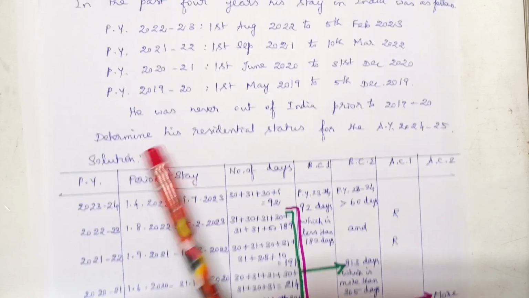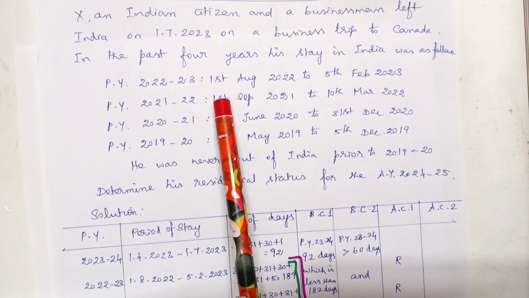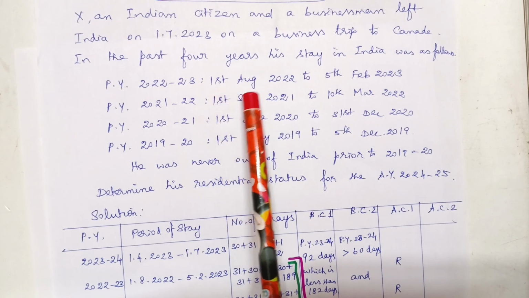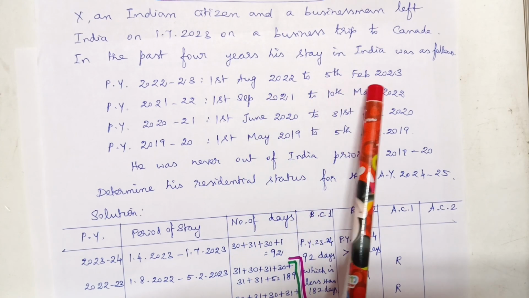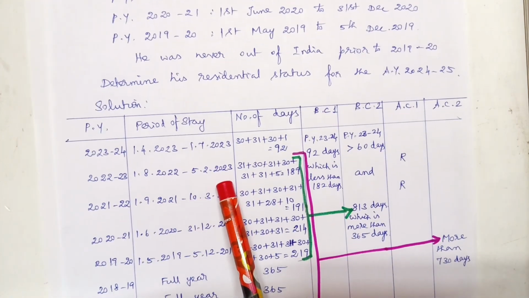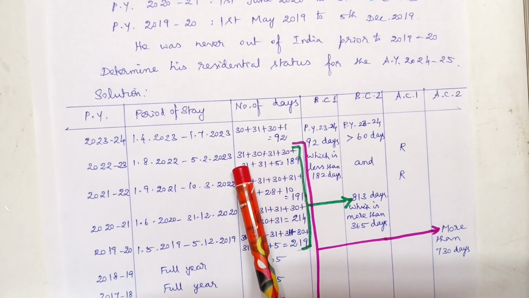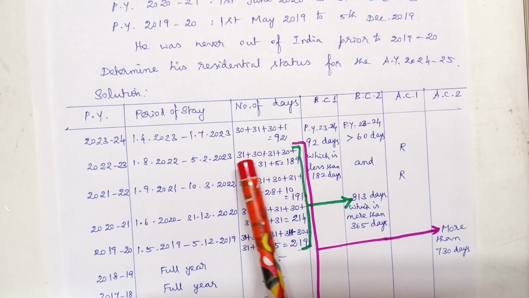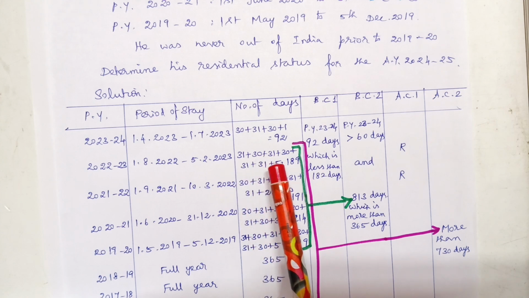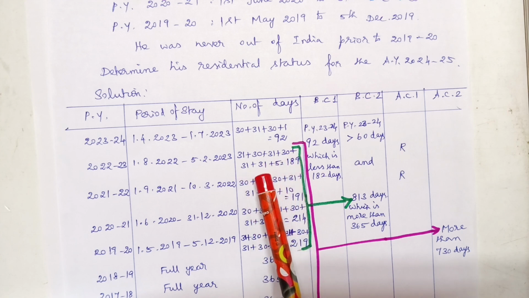Then for 2022 to 23, in the problem we are given, he is staying in India from 1st August 2022 to 5th February 2023. For each month, the number of days has been written in the next column: August 31, September 30, October 31, November 30, December 31, January 31 and in February 5 days.